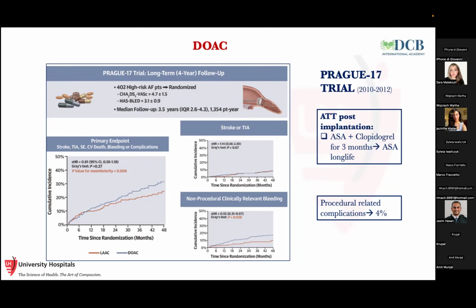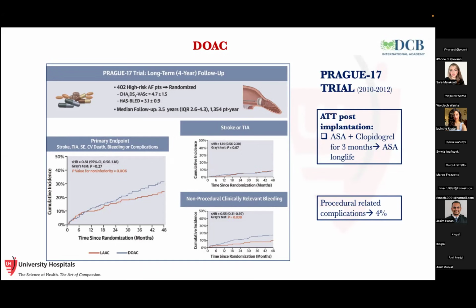And as we can see, this is a non-inferiority trial, and the most used anticoagulant drug was apixaban. For the primary endpoint, always a composite of thromboembolic endpoints, major bleeding, and complications, the device met non-inferiority with the anticoagulant drug.